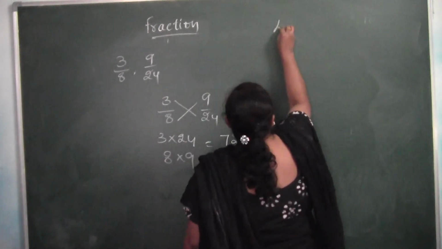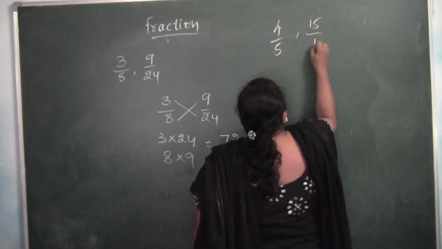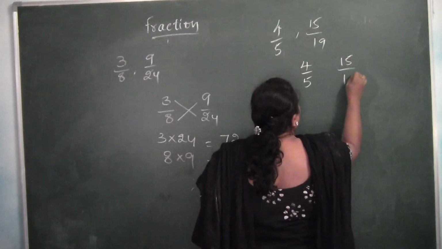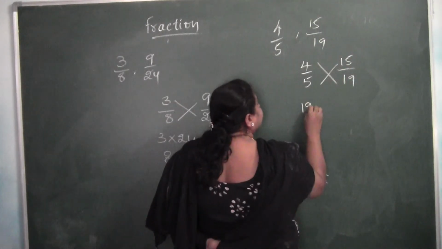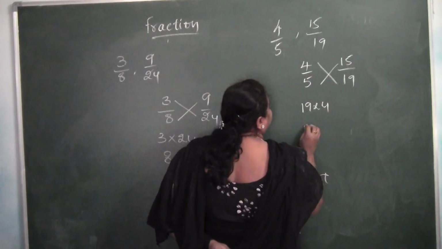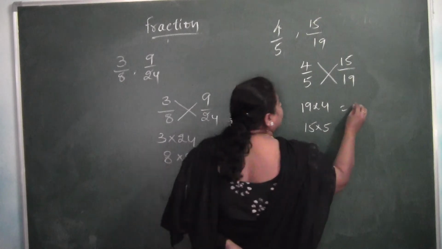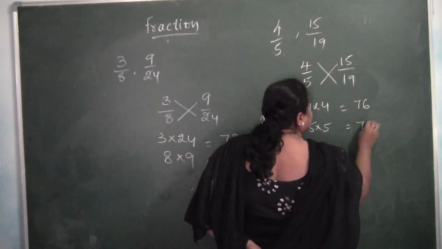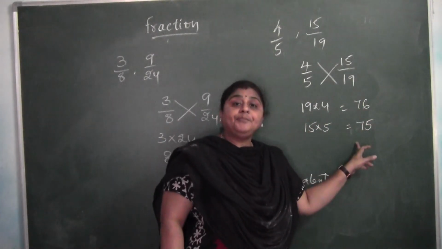Now we have 4 by 5 and 15 by 19. Let us multiply 19 into 4 and 15 into 5. 19 4s are 76. 15 5s are 75. Now, are the products the same?